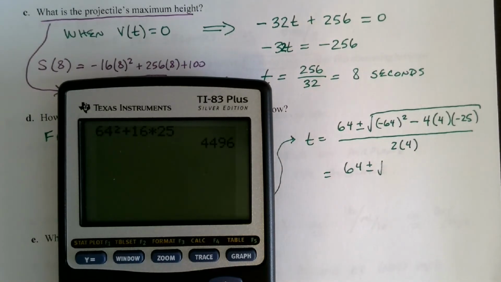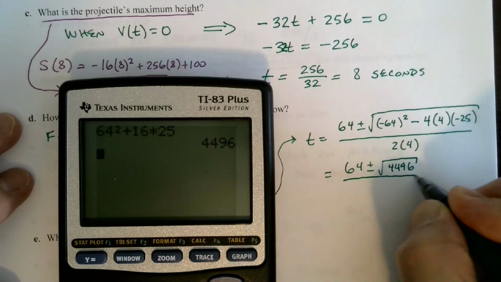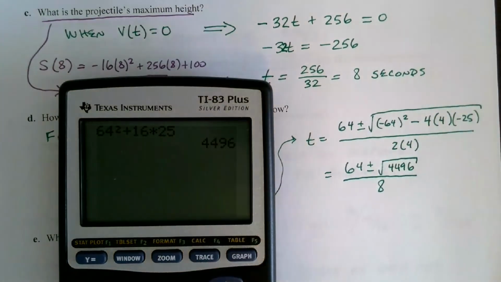So I get 4496. 2 times 4 is 8. Now when I evaluate this, one is going to be 64 plus the square root of 4496, all in the numerator, divided by 8, right? If I evaluate that, I get about 16.4.